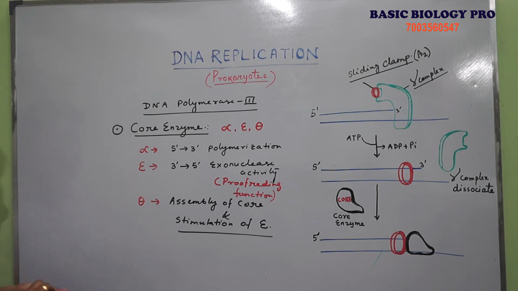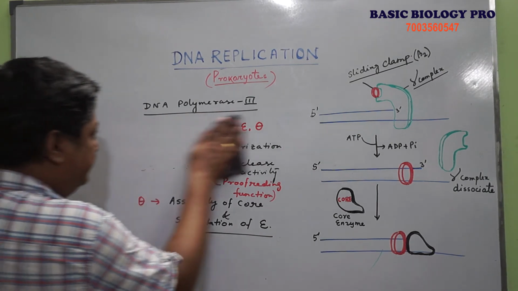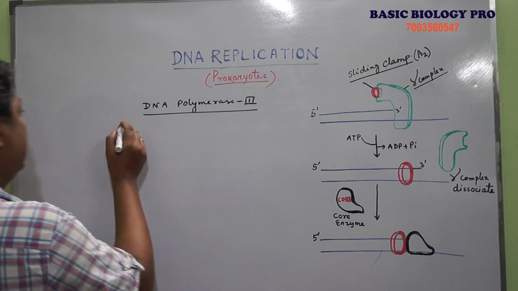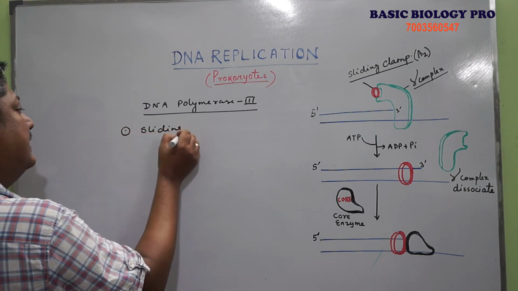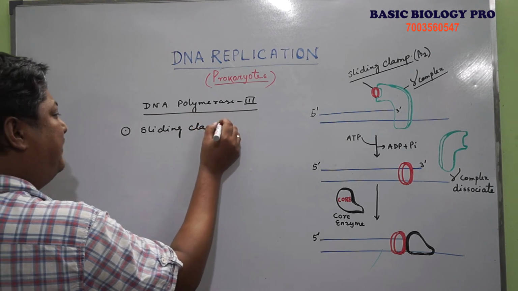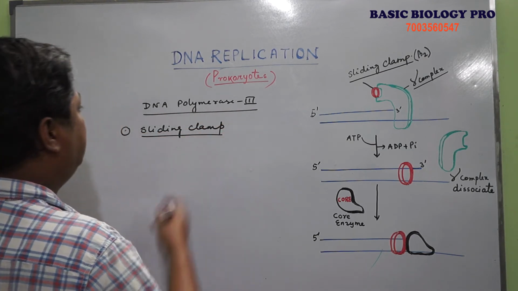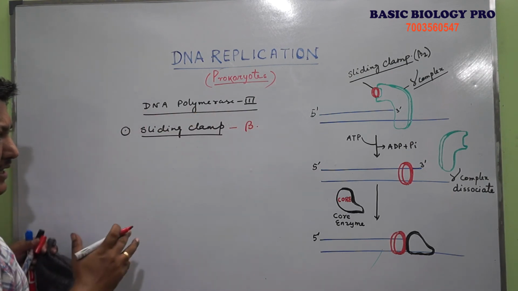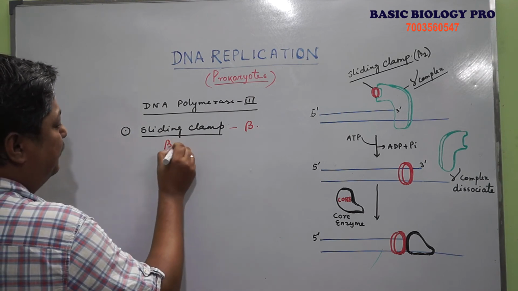Now the other important portion, the second part, is known as the sliding clamp. Now the sliding clamp is made up of a single subunit called beta. And it is a dimeric structure. That means 2 beta subunits together form beta 2.